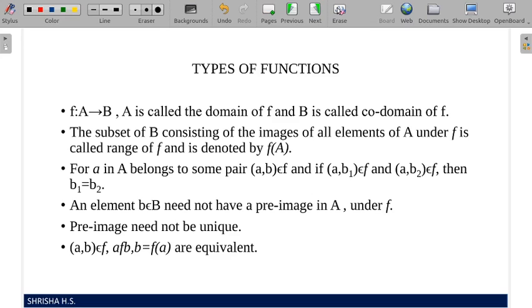So denoting like this, (a, b) belongs to f, a f b, and b equal to f of a are all equivalent, they represent the same meaning. So this is about some basics of function.